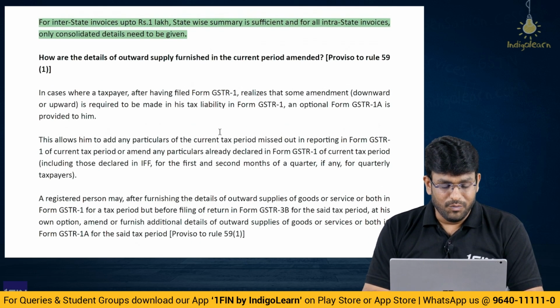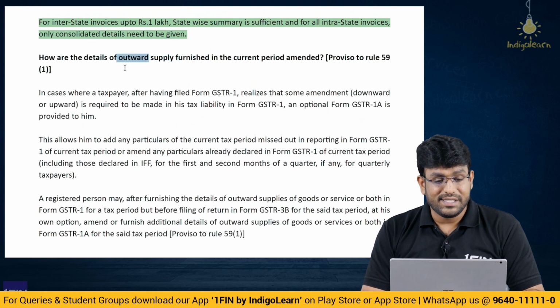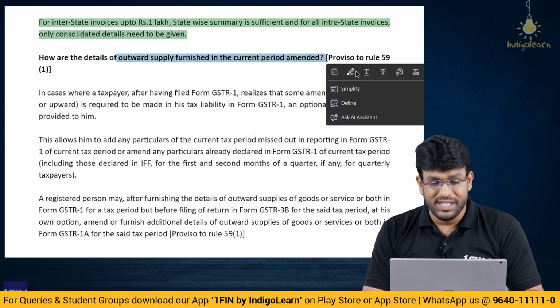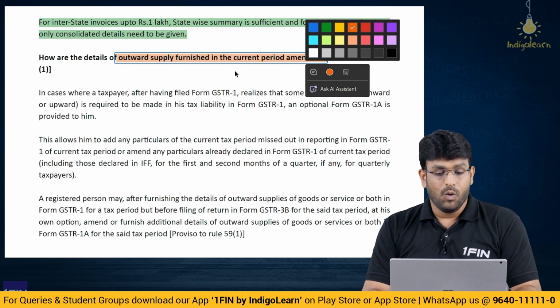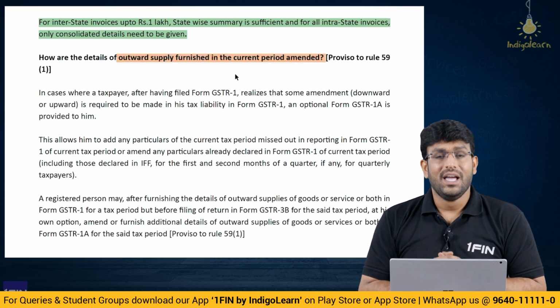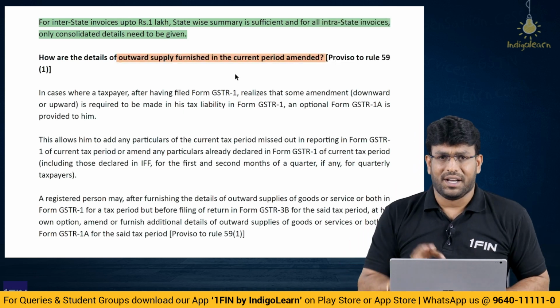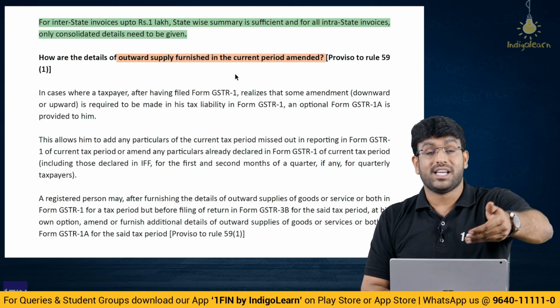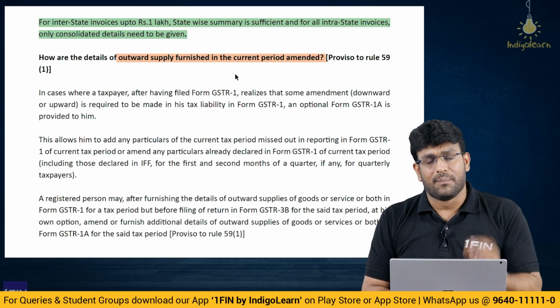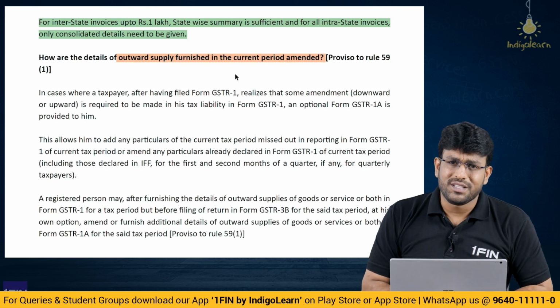Next, finally, one more interesting concept, my dear friends. Recently, they have introduced a concept of GSTR 1A. What is GSTR 1A? We know that once we file GSTR 1, if there is any mistake in the statement of outward supply, we rectify that mistake in next month's GSTR 1, under the amendment column. Correct or not? Exactly.